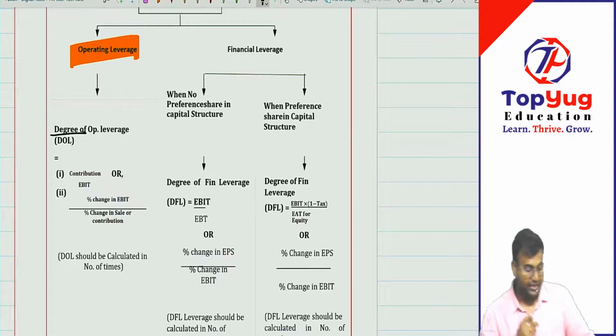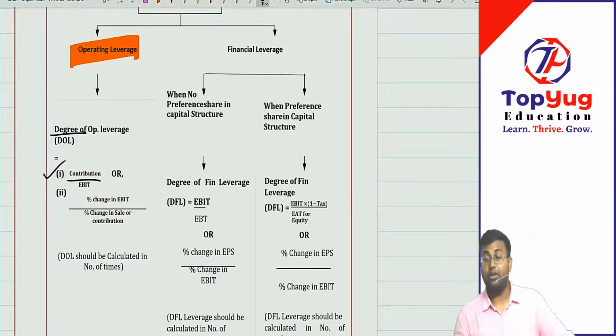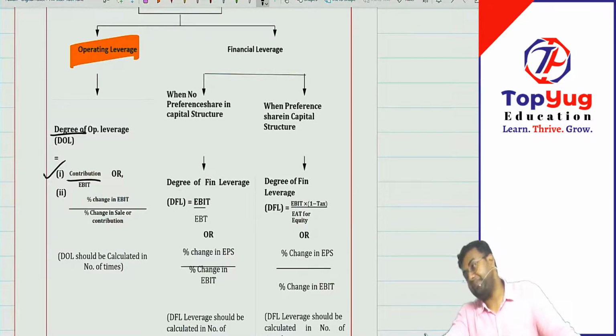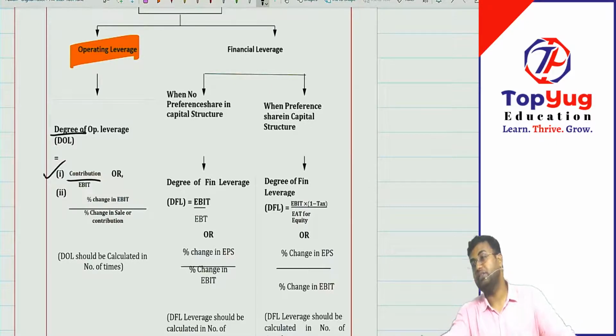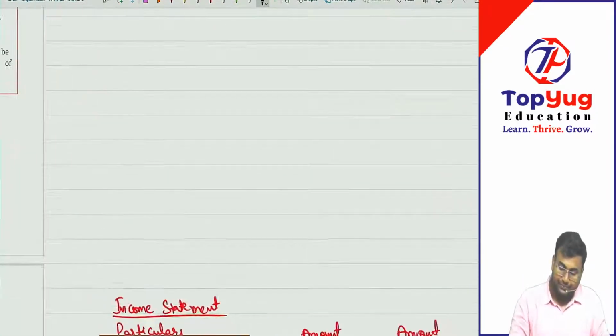How do we calculate it? Contribution divided by EBIT will give you something called degree of operating leverage.